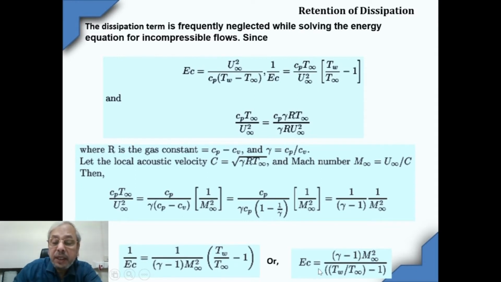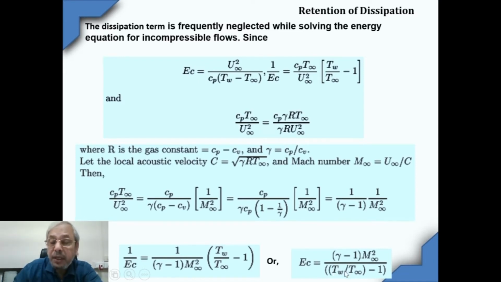minus 1. That means Eckart number becomes gamma minus 1 into Mach number square divided by the temperature ratio, highest temperature and lowest temperature ratio in the flow field. Our reference temperature is T infinity. Tw, if there is any heated object, is the temperature of that heated object or heated wall.